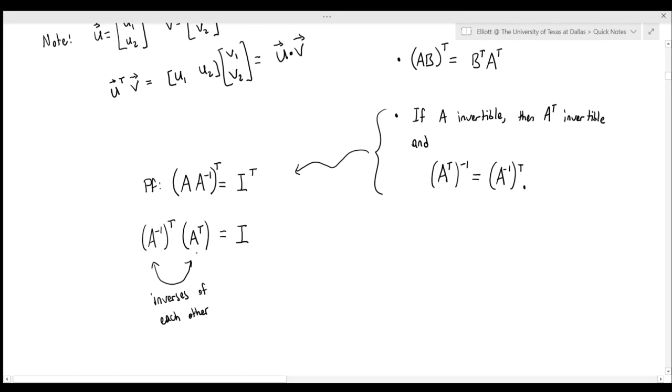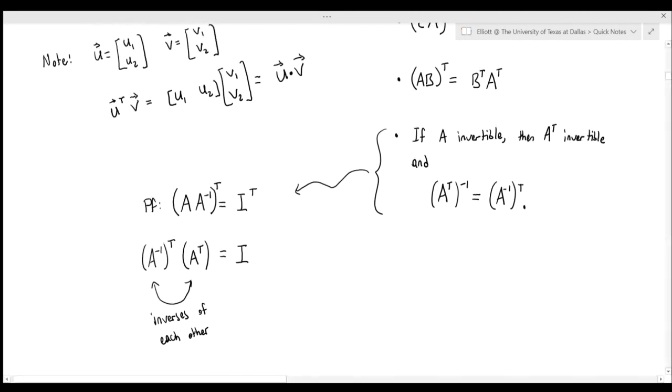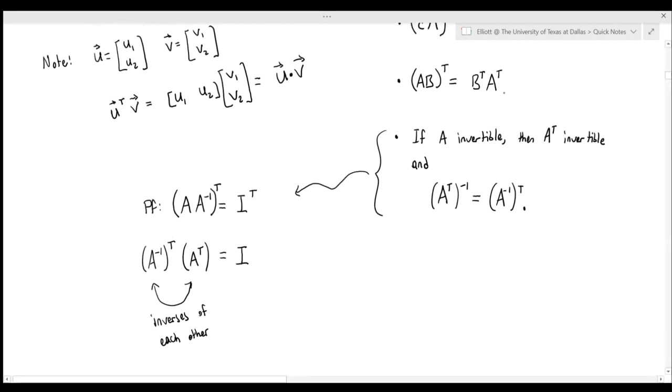So in particular, the inverse of A transpose is the transpose of A inverse. Like I said, it's a pretty short, pretty sweet proof. I thought I would just illustrate it. It's also a nice application of the third property that I mentioned.